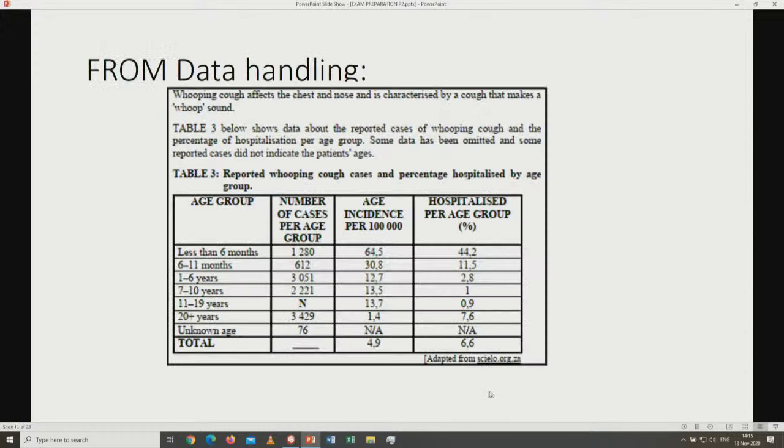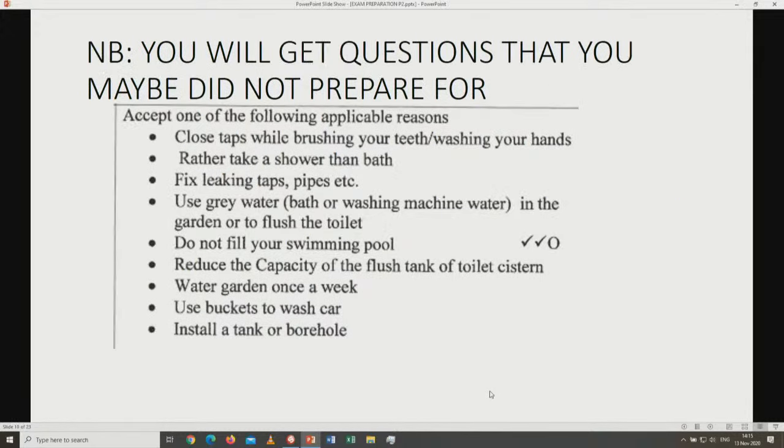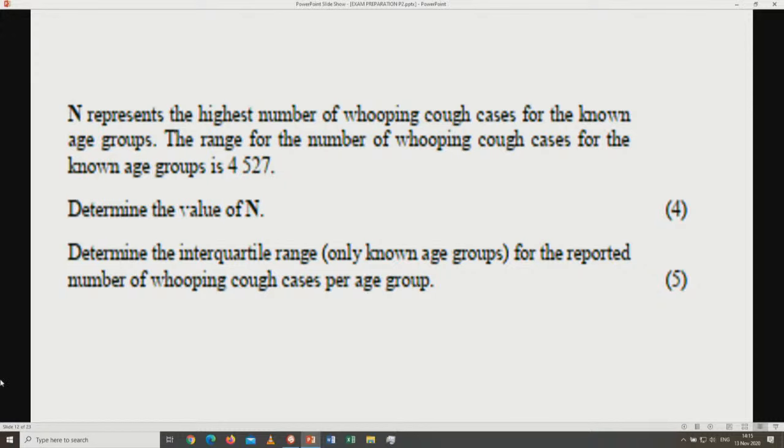Now, the level 2 question that we have here is, let us just first look. N represents the highest number of whooping cough cases for known age groups. And the range for the number of whooping cough cases for the known age group is 4,527.